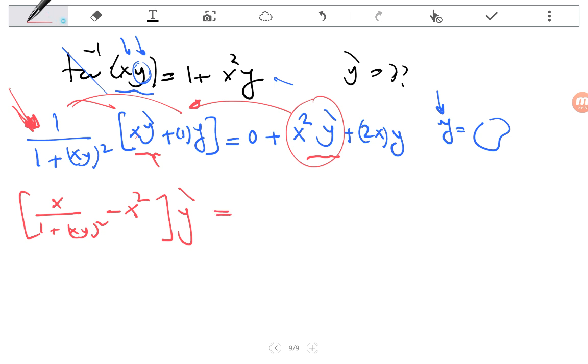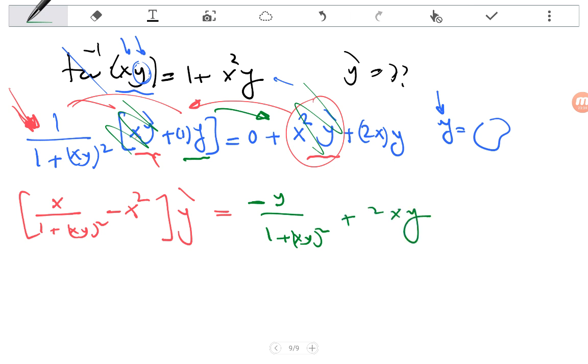Now, for the other side, I will just put the expression. I remove any term with the y dash, and any other expression I take to the other side. So I'll have this term, which is y over 1 plus xy all squared, with a negative sign, since I've taken it to the other side. So I change the sign to be negative, plus 2xy like this.